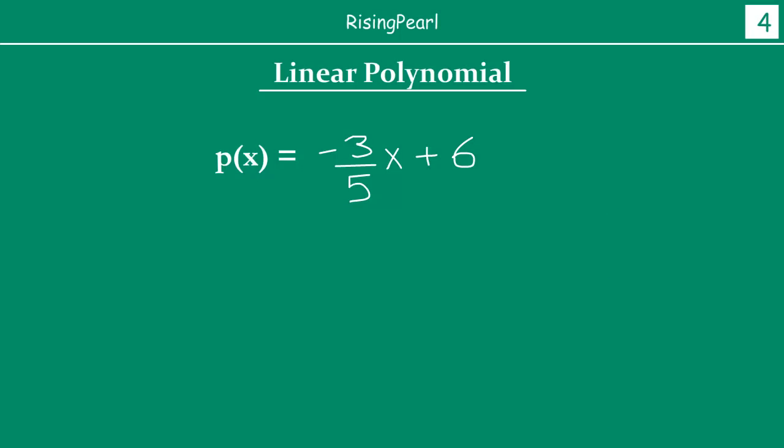So here I have given myself another linear polynomial, but this time I've gone a little bit different. Our polynomial right now is minus 3 by 5 x plus 6. Again, we are going to assume that the value of the polynomial is y, so y equals p(x), which equals minus 3 by 5 x plus 6.